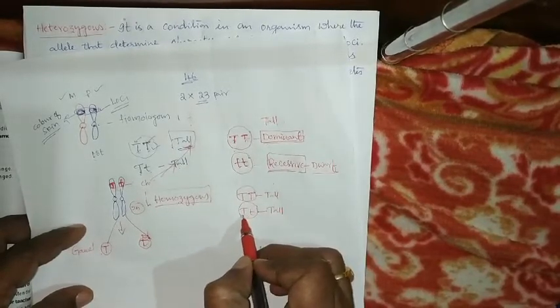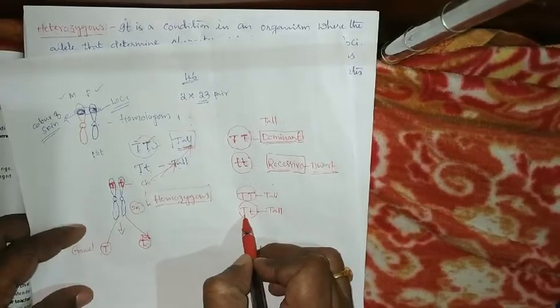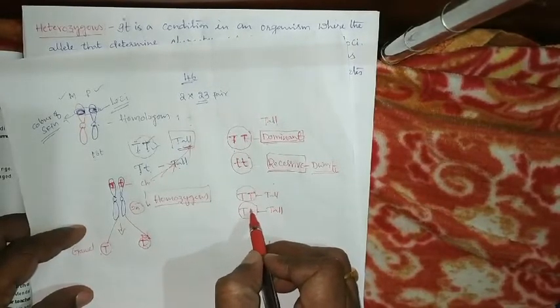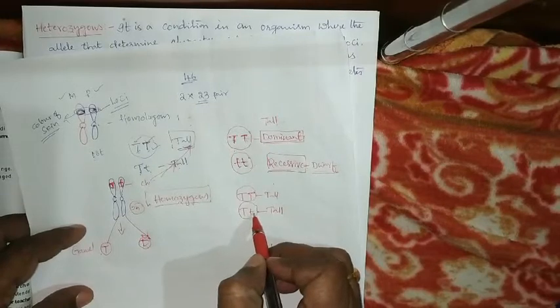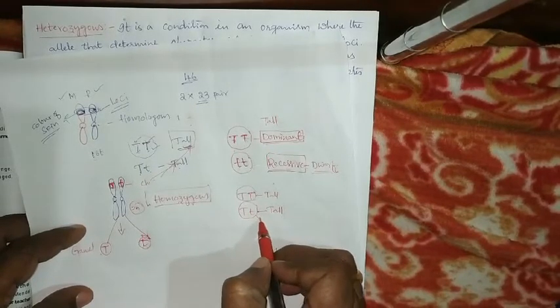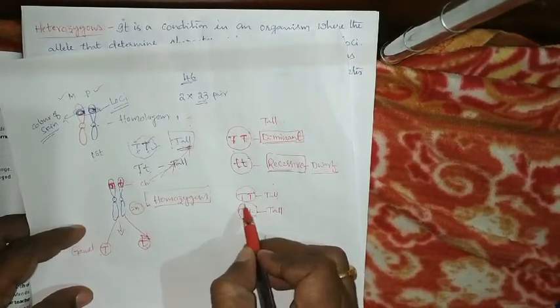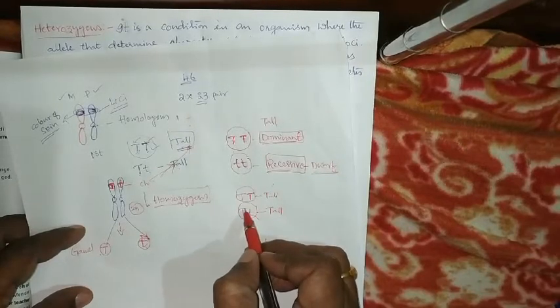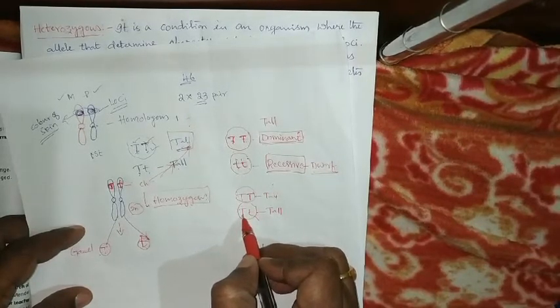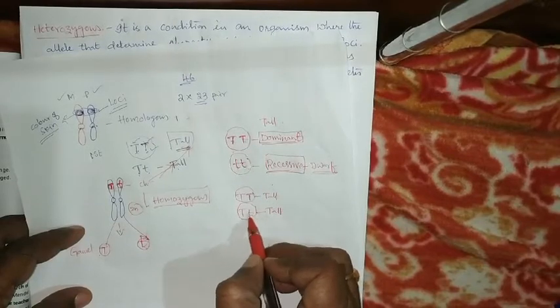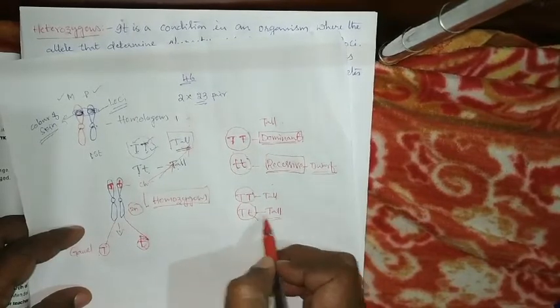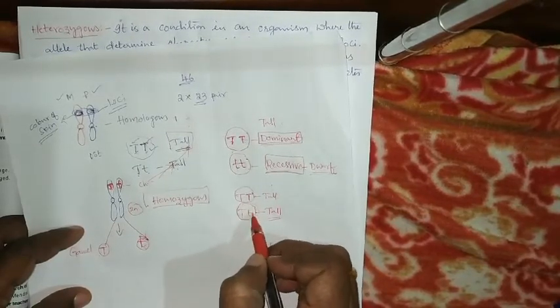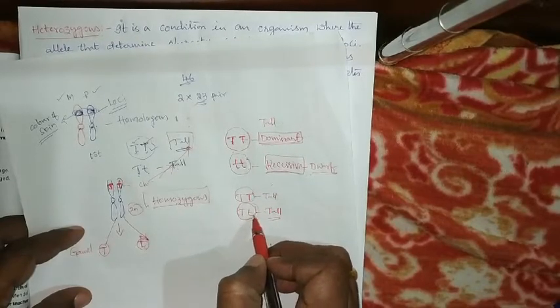Why is it representing the tall character? In this pair of alleles, the small t is a recessive allele. It is not dominant over this capital T. This dominant allele is dominant over this recessive allele. Because of that, tall is represented by this pair of alleles. So it is called a heterozygous allele.